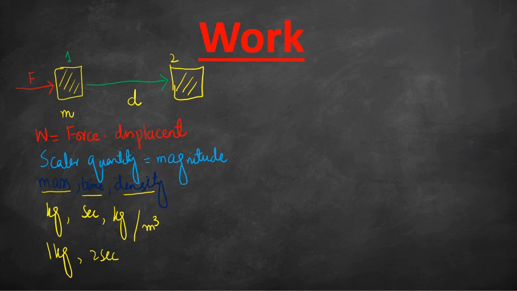The unit of work is joule. Since work W is force times displacement, and the unit of force is Newton whereas the unit of displacement is meter, the unit of work becomes Newton meter.